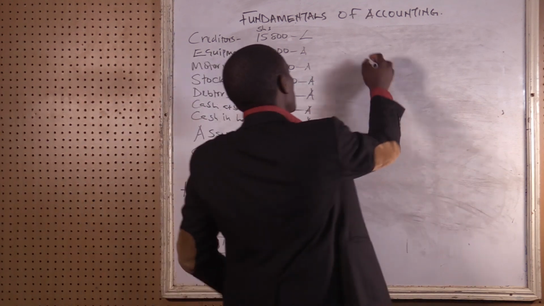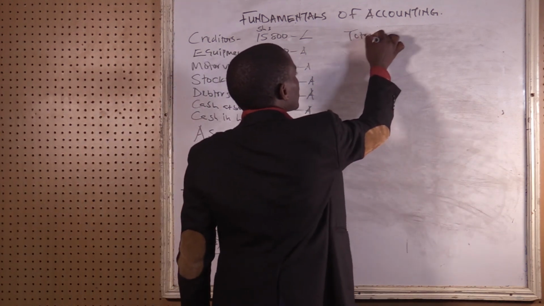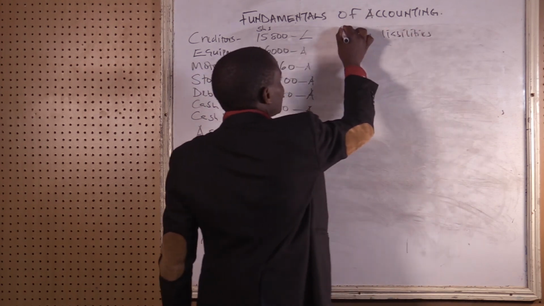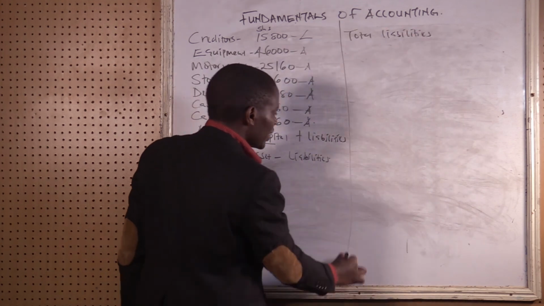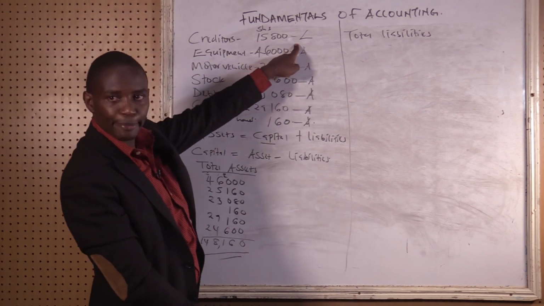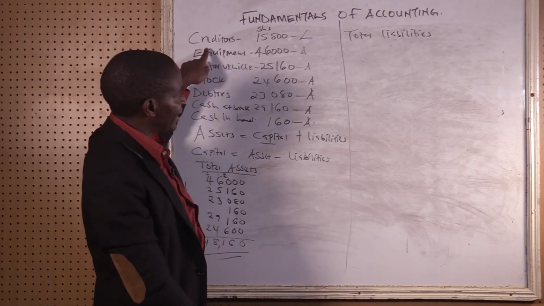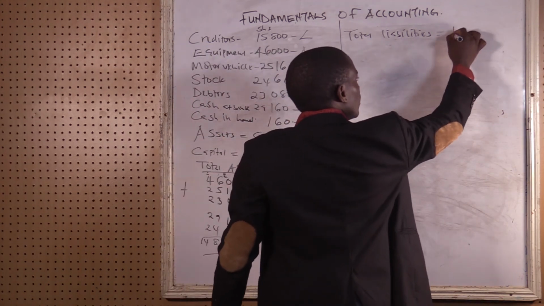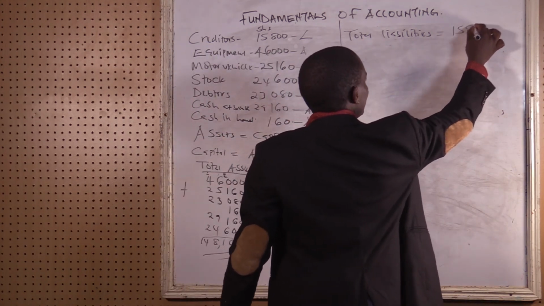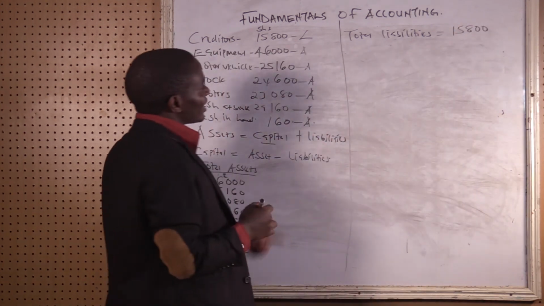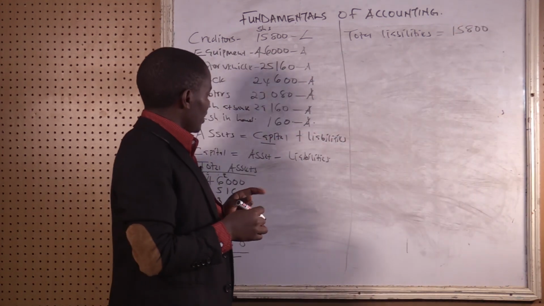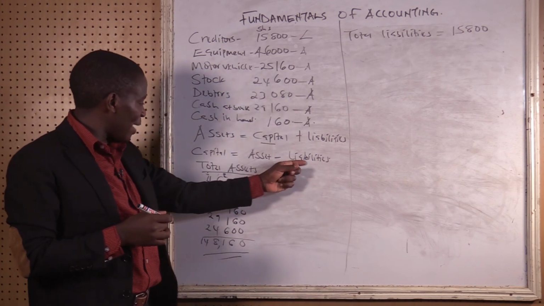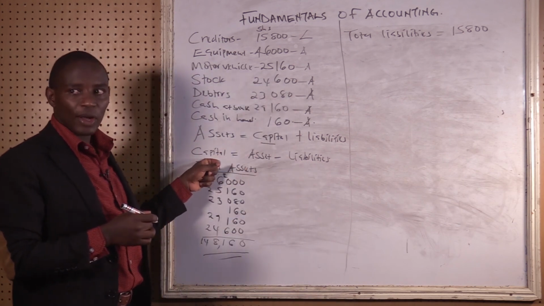We can have our total liabilities. For our liabilities, we had only one liability, which is creditors. So our total liabilities are equal to 15,800. We can now use the total assets and the total liabilities to get the value of capital.